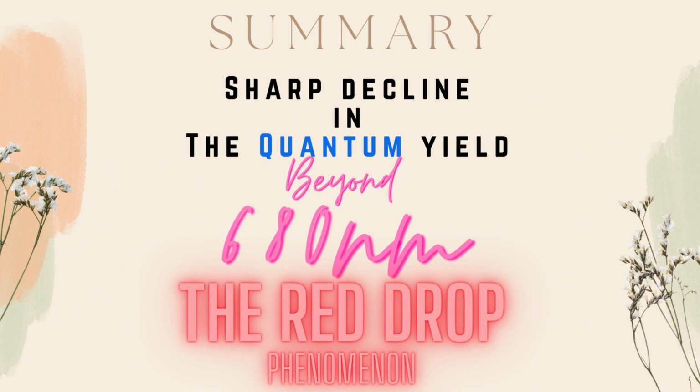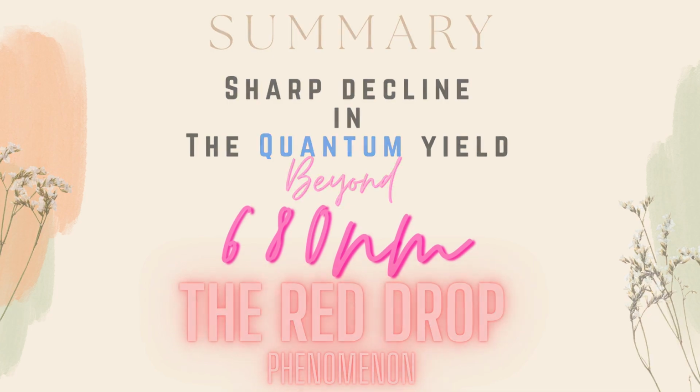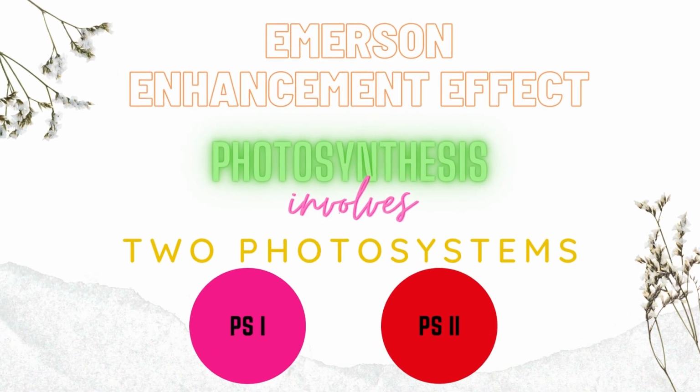This is the sharp decline in the quantum yield beyond 680 nanometers, and this suggests that the higher the wavelength of the light, the lower the photosynthetic efficiency of that plant. The third thing that we have studied is the Emerson enhancement effect, which suggests that photosynthesis involves two photosystems, photosystem 1 and photosystem 2.